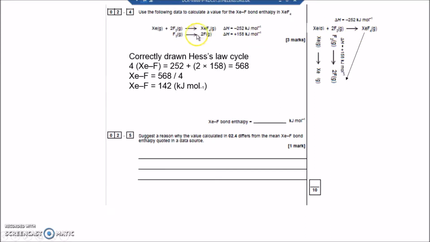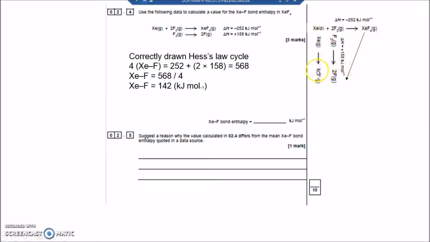And fluorine gas going to fluorine atoms, the enthalpy of atomization from fluorine F2 here to F gas is +158. Now we're breaking up XeF4 into its atoms, Xe and 4Fs.